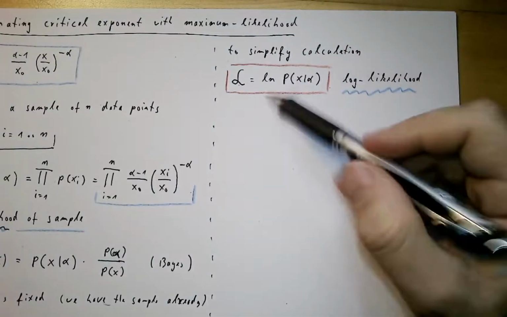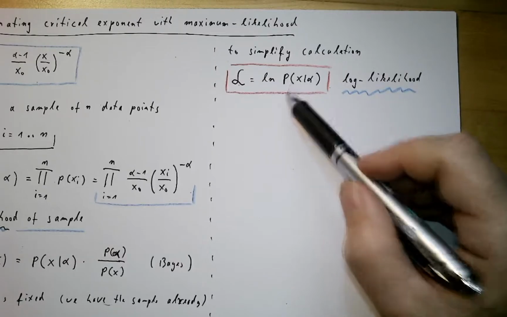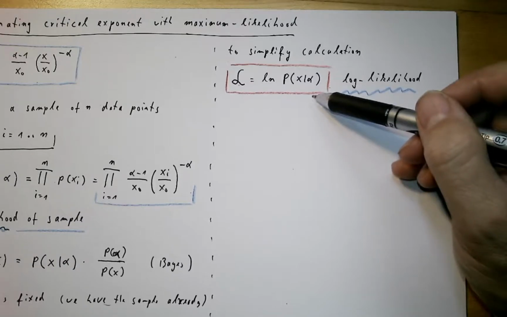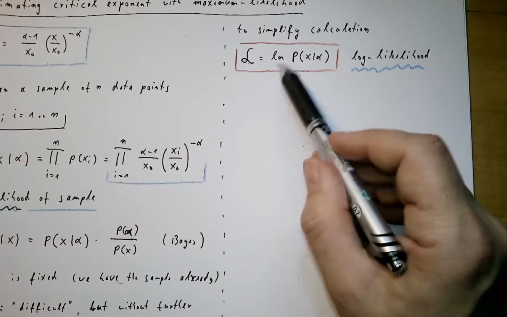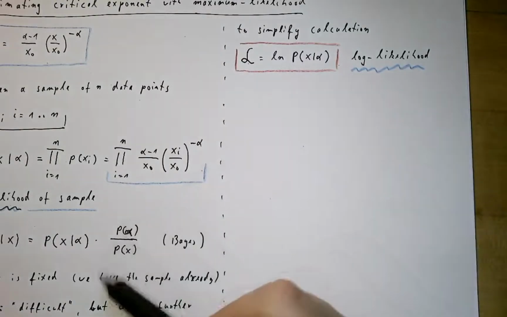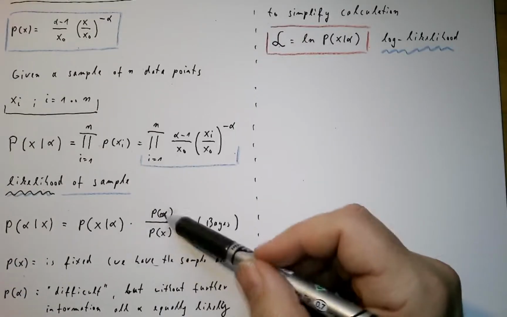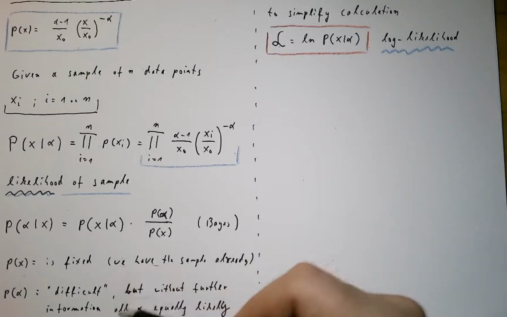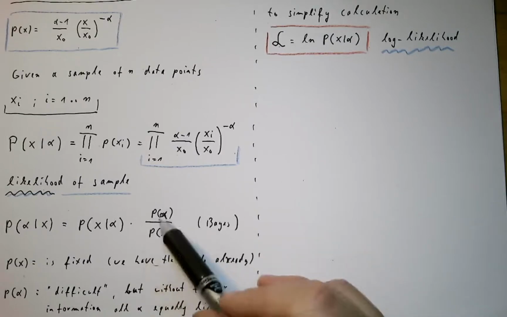The logarithm of the likelihood is just a technical trick to simplify the calculation, because we want to maximize this, and we will see this is easier with the logarithm of the likelihood. Whereas the other things here, to deal with these probabilities P of alpha and P of x, that's a more interpretational issue, and here you can discuss for hours what this P of alpha would be.